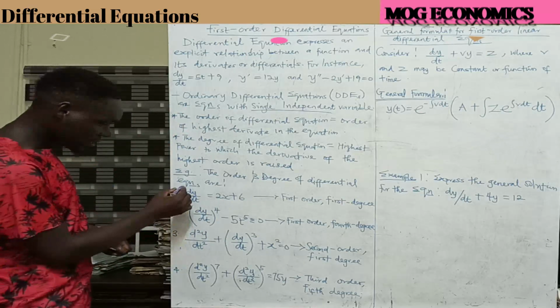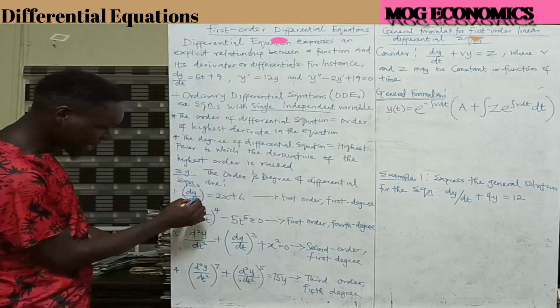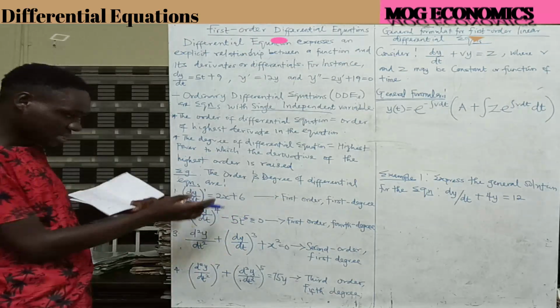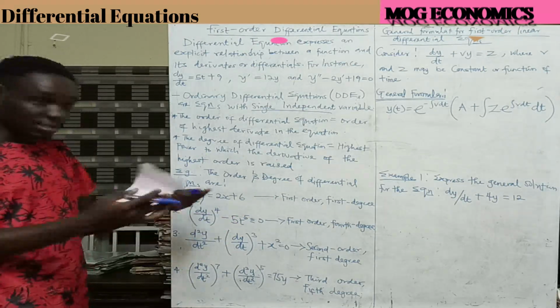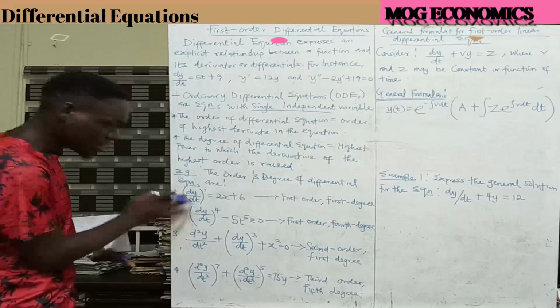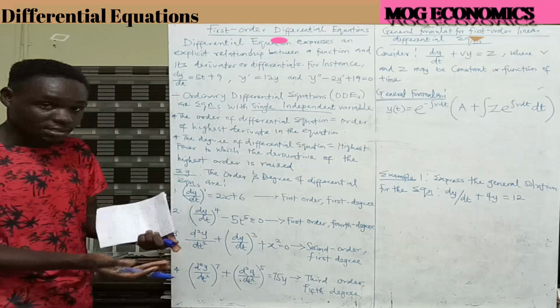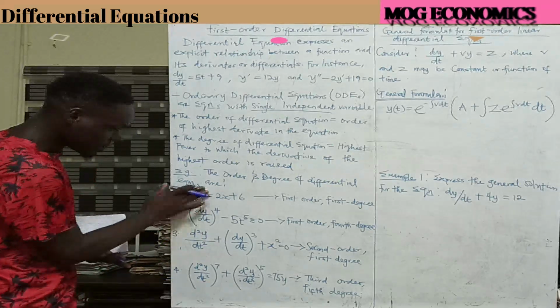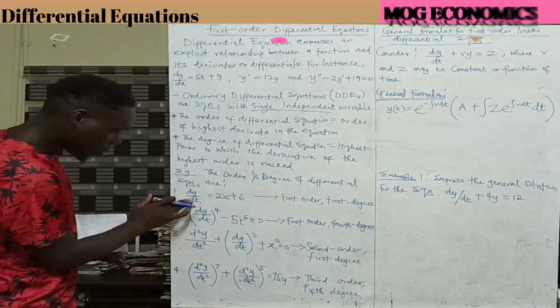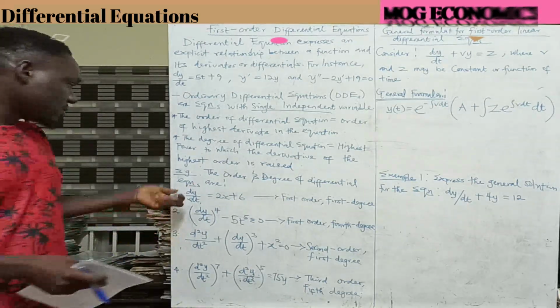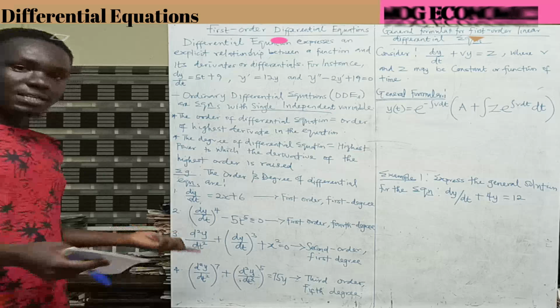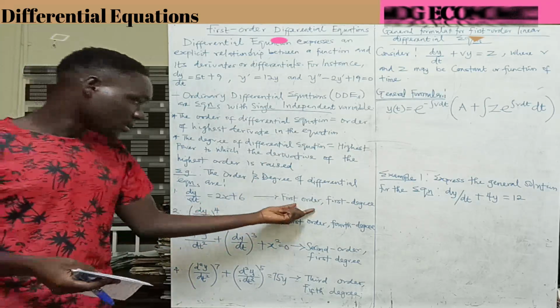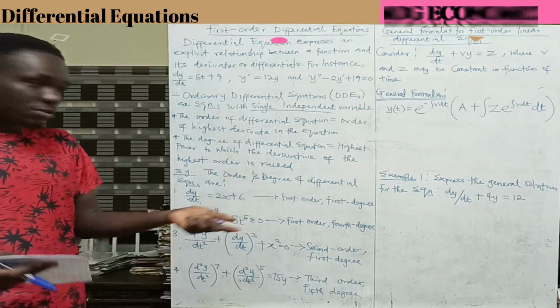Here, this first order differential is raised to the power of 1. In this case, it is left out since it can still be expressed as dy over dt, so there's no point including that. But you just have to understand that this is a first order differential raised to the first degree.